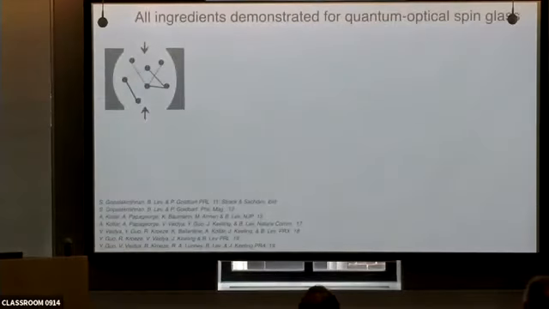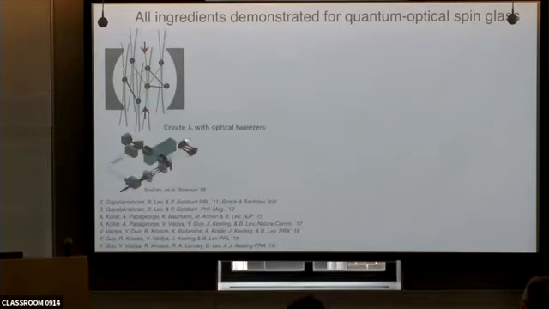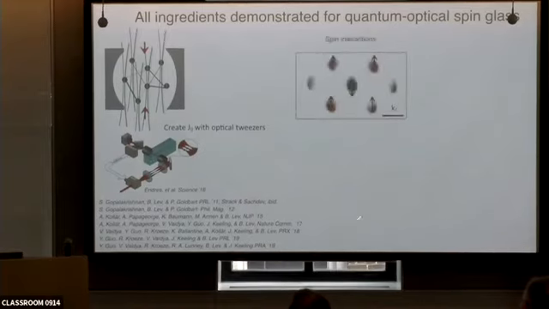Okay, so what we've done is to provide all of the ingredients needed to make a quantum optical spin glass. So we can put the atoms anywhere we want with optical tweezers, and now we know how to make hundreds and in principle thousands of arrays of tweezers using technology developed by other groups for Rydberg atoms. We can do spin interactions, so we've demonstrated spin.